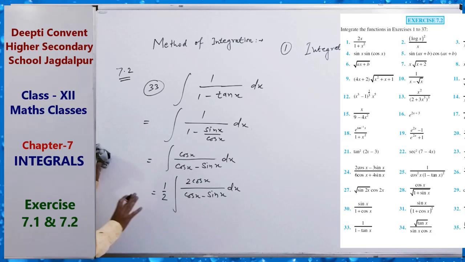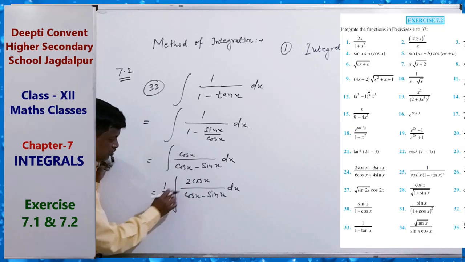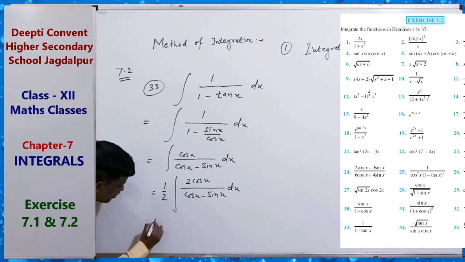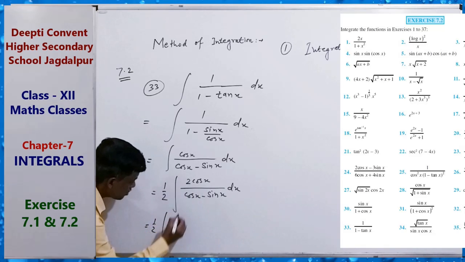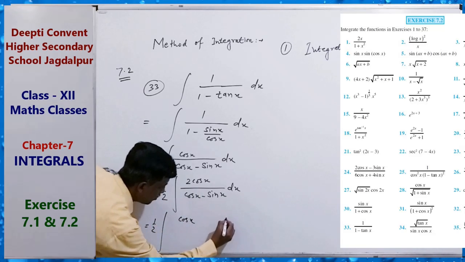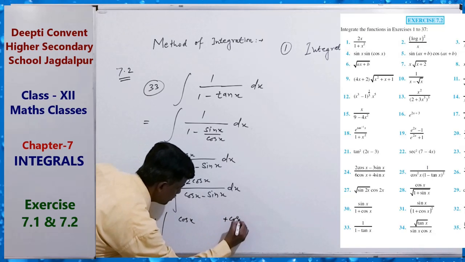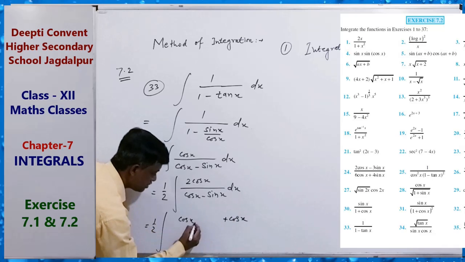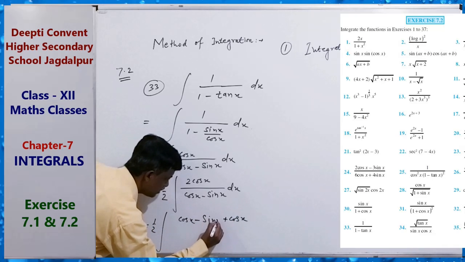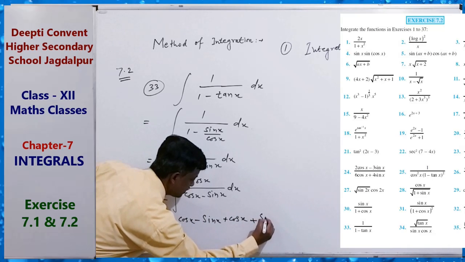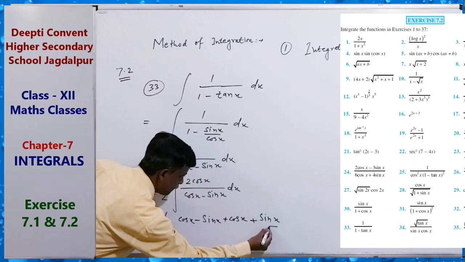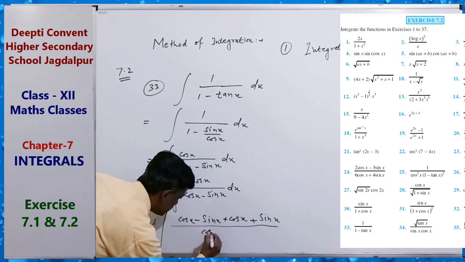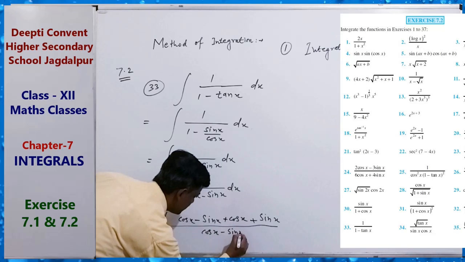Okay, so here we can write like this: multiplying by 2 in numerator and denominator, we can write 1 by 2 of 2 cos x, and 2 cos x means cos x plus cos x. Cos x plus cos x minus sin x plus sin x upon cos x minus sin x.